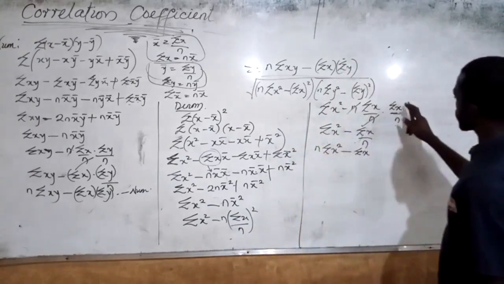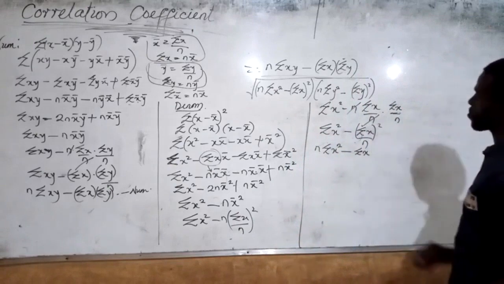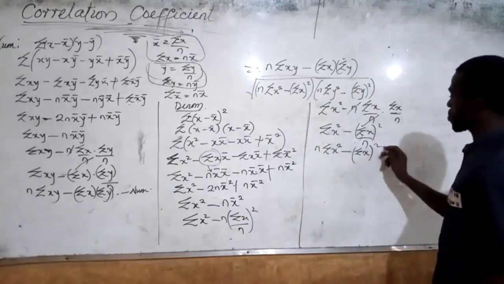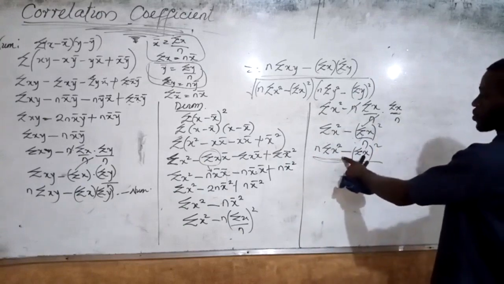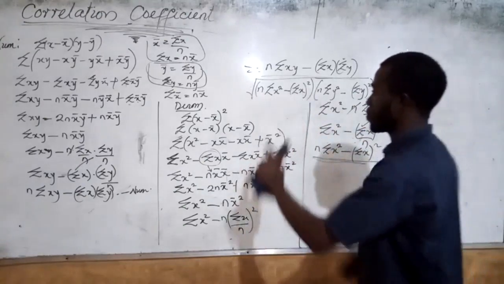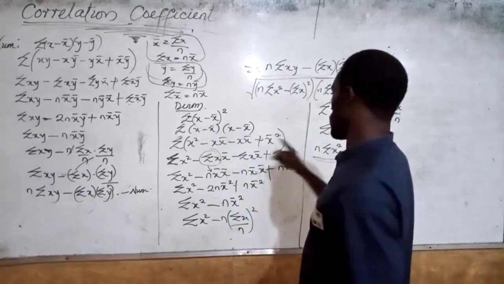Alright, summation x by summation x will give us summation x squared. So there is x squared here, and this becomes the new expression for this.